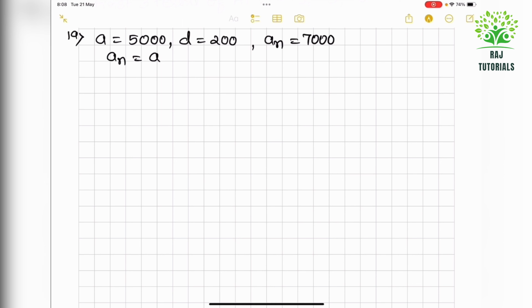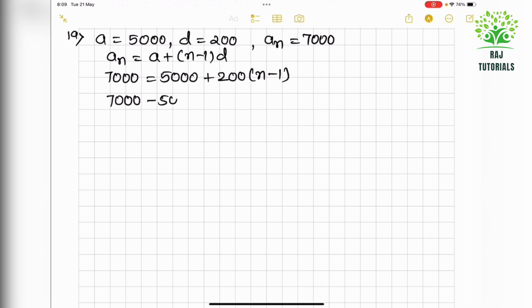So AN equal to A plus N minus 1 D. So 7,000 equal to 5,000 plus 200 into N minus 1. So 7,000 minus 5,000 equal to 200 into N minus 1.